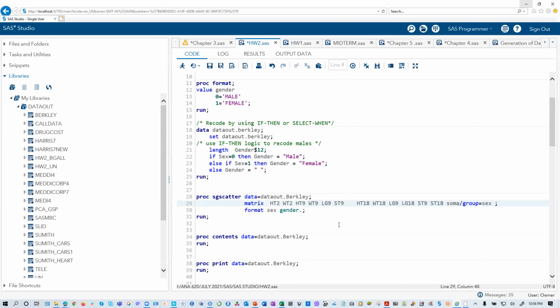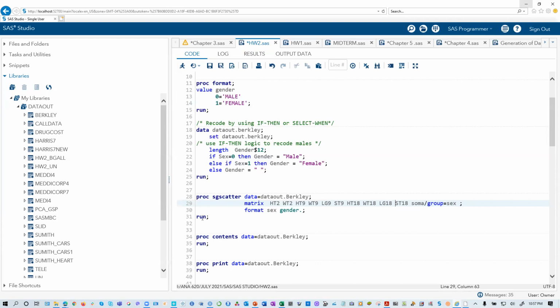Then go to height at age 18, weight at 18, leg at 18, and strength at 18. Some has been given by group 6, but it has been formatted, given in gender.